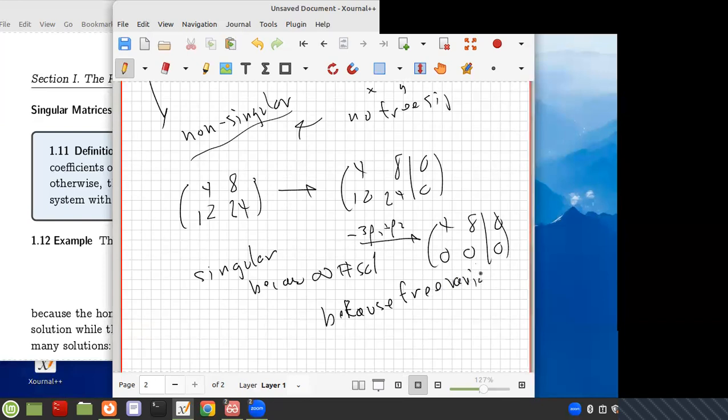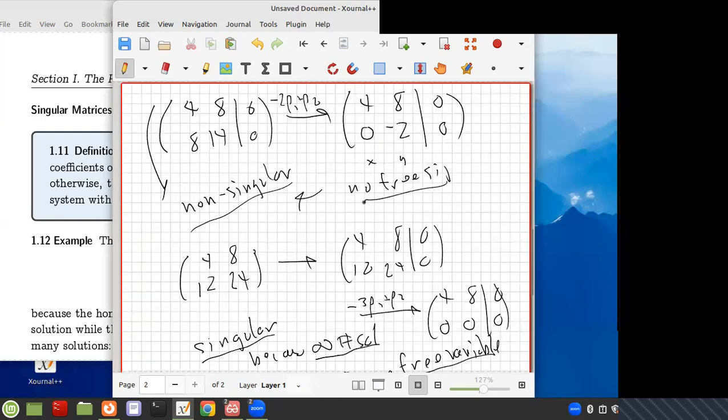So the logic of the solution, to answer the question, is this singular? You look at the homogeneous linear system, reduce it to echelon form, and then you just answer the question: is there a free variable? Yes. Then there's an infinite number of solutions, therefore it's singular. Or no, there's no free variable, so there's one solution, so it's non-singular.